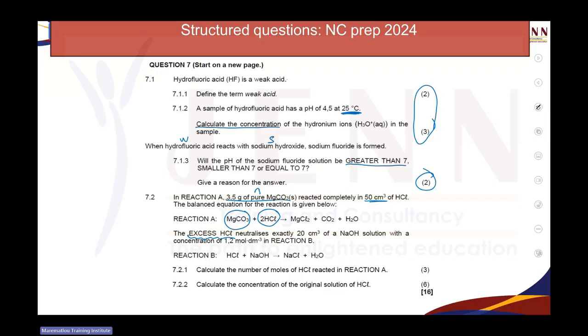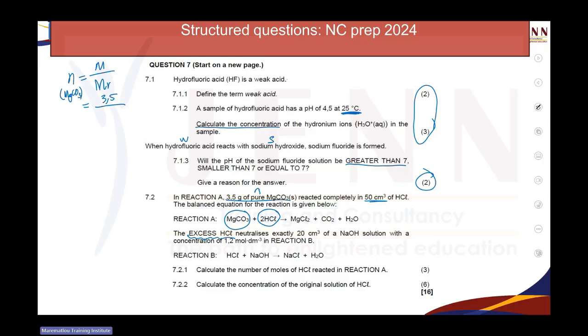So that means we are able to get that using molar ratio. We just say number of moles of MgCO3, and that will be 3,5 divided by the molar mass there.